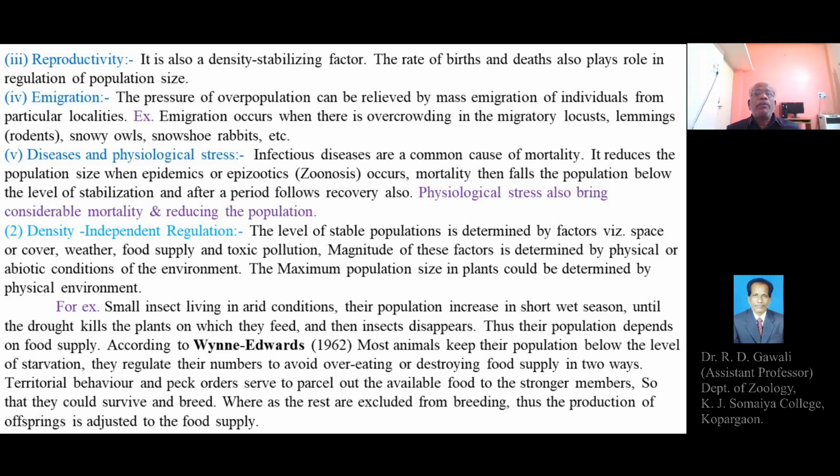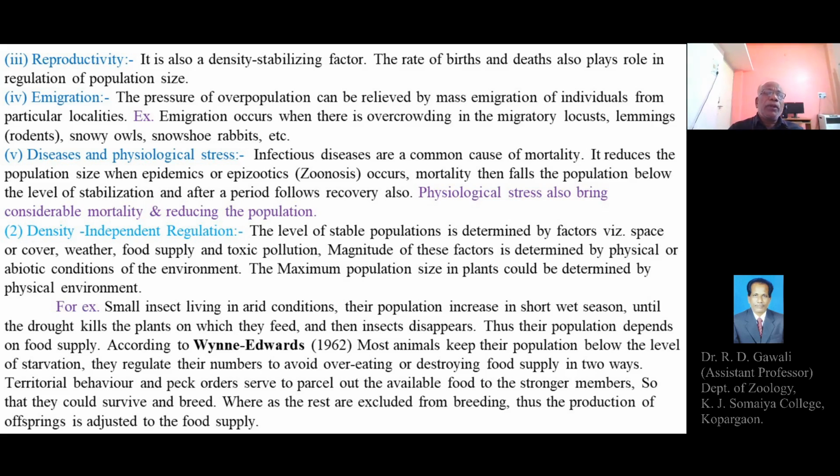And density independent regulation is composed of abiotic factors.